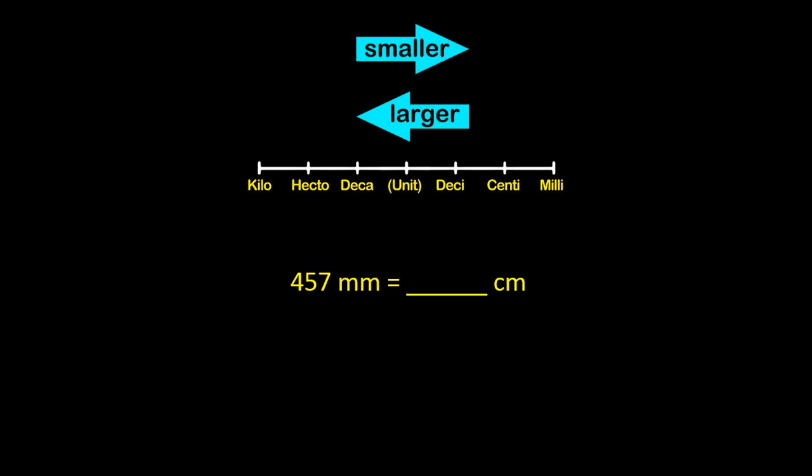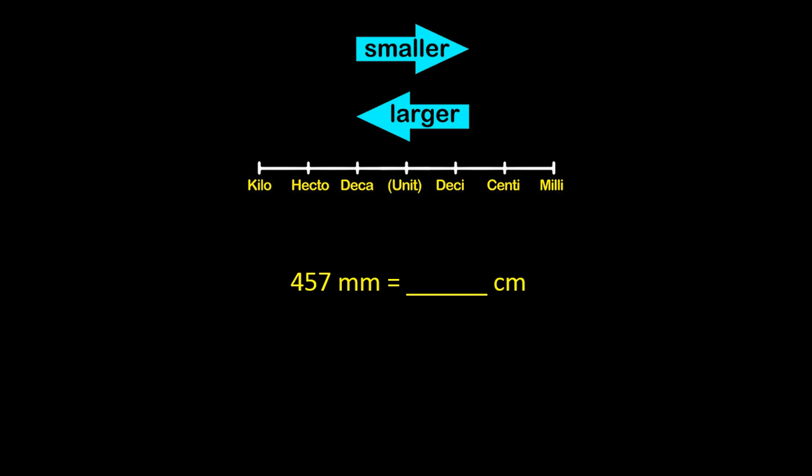So let's say we want to convert 457 millimeters to centimeters. If we compare where millimeters and centimeters are in relation to each other, we can see that millimeters are the smaller unit of measurement and centimeters are the larger unit of measurement. And in fact, we can see that there is one place, 1 power of 10, between them.